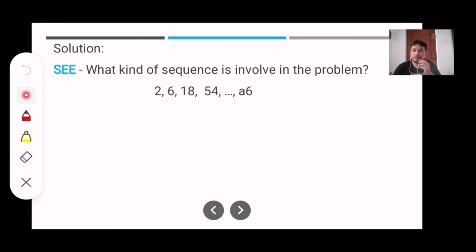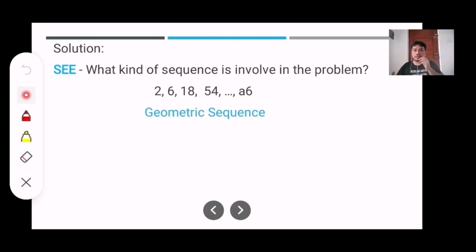So we have 2, 6, 18, 54 up to the 6th term of the sequence. So by analyzing this sequence, we all know that we have a common ratio which is 3. So we get the succeeding terms by multiplying it by 3. So we can say that this sequence is a geometric sequence.